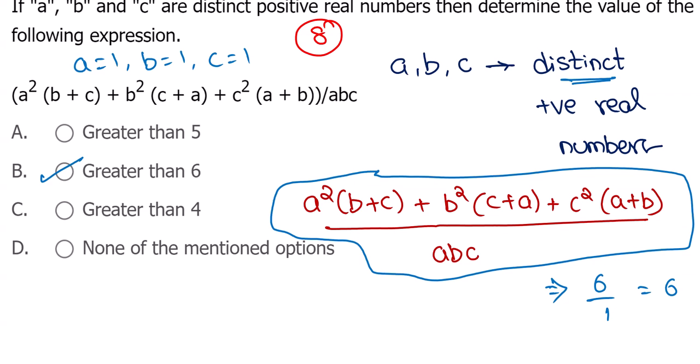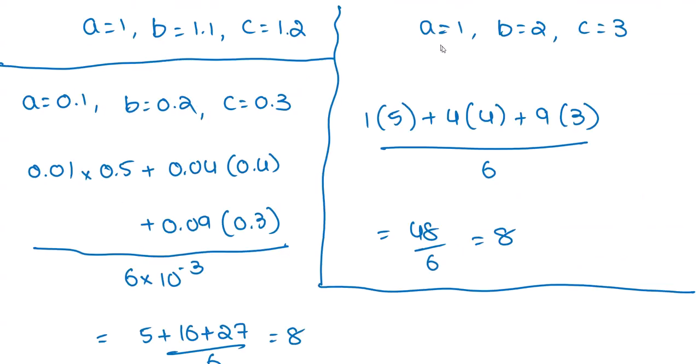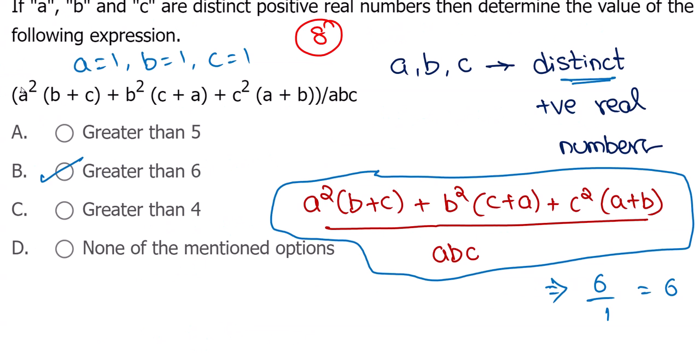Initially all are equal, we got 6, and when I try with different values, trial and error here, we got it's greater than 6 only. So that's option B here.